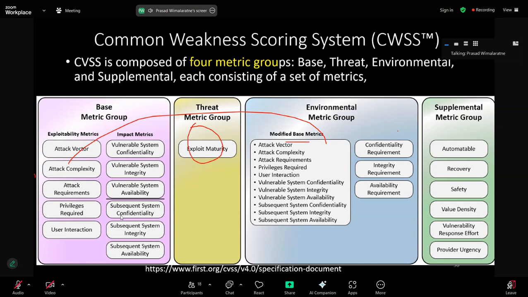So likewise, a lot of other detailed metrics you see here, right? So you can see here there are 4 main areas. The last one is about supplemental. When it is supplemental, basically additional metrics, whether we can automate them, and the recovery, safety, likewise. So same thing detailed here actually.